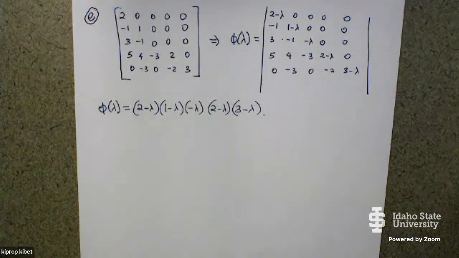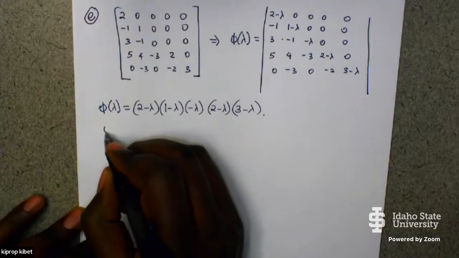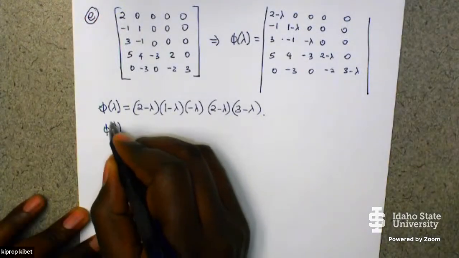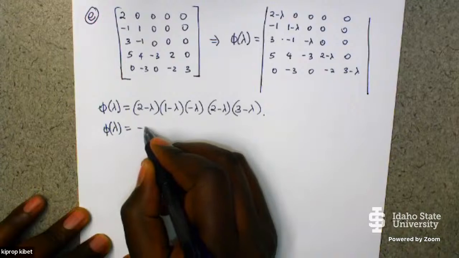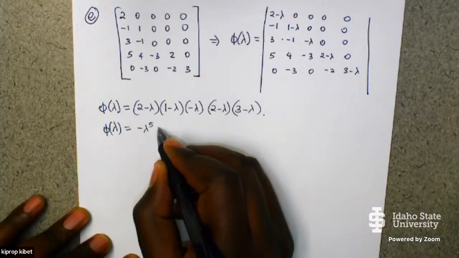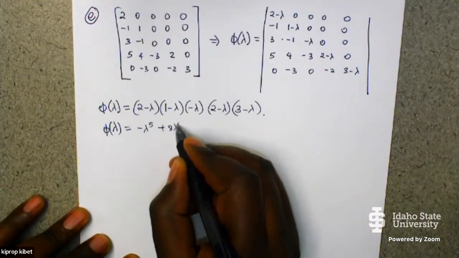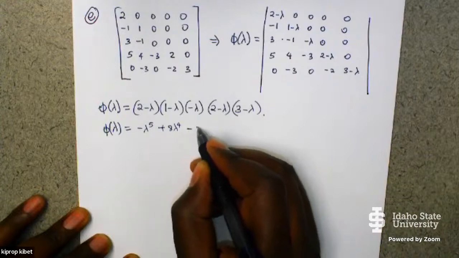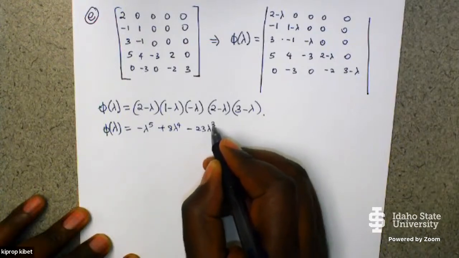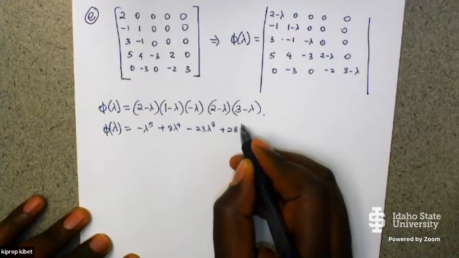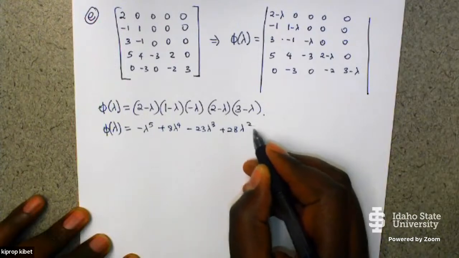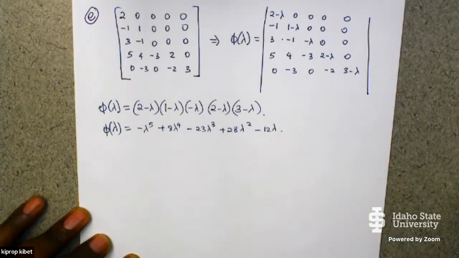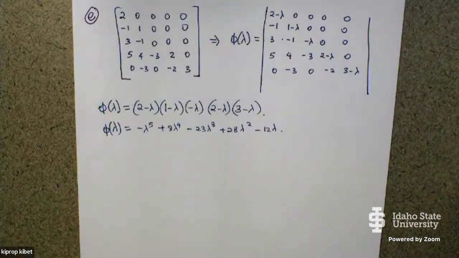So basically, this is of degree 5. So our characteristic polynomial is equal to negative lambda raised to 5 plus 8 lambda raised to 4 minus 23 lambda raised to 3 plus 28 lambda squared minus 12. So that is our characteristic polynomial.